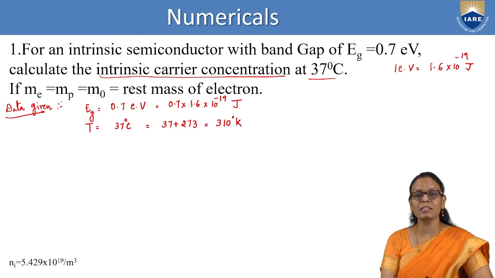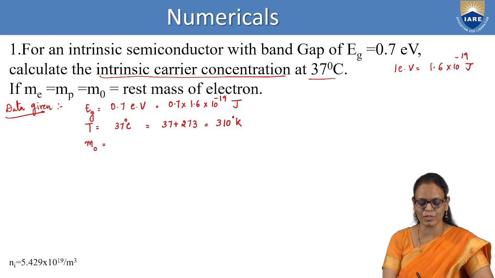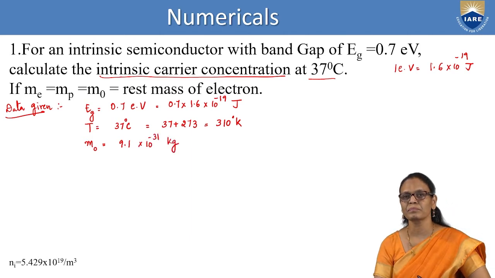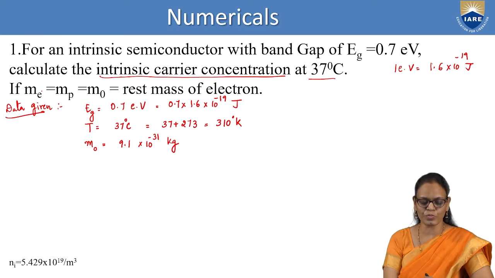Then Me is equal to Mp is equal to M naught, which is the rest mass of the electron. What is the rest mass of the electron? 9.1 into 10 to the power of minus 31 kilograms. And what we have to find here is the intrinsic carrier concentration Ni.